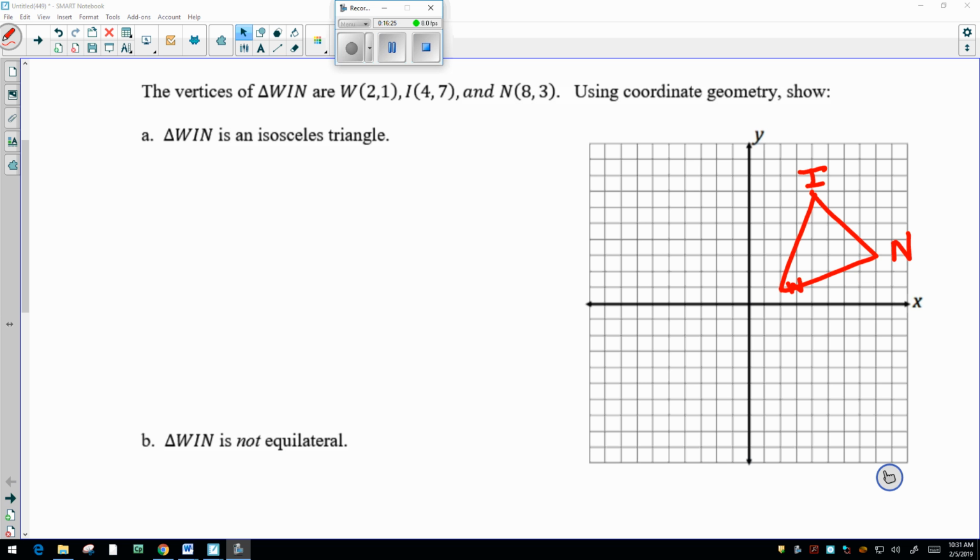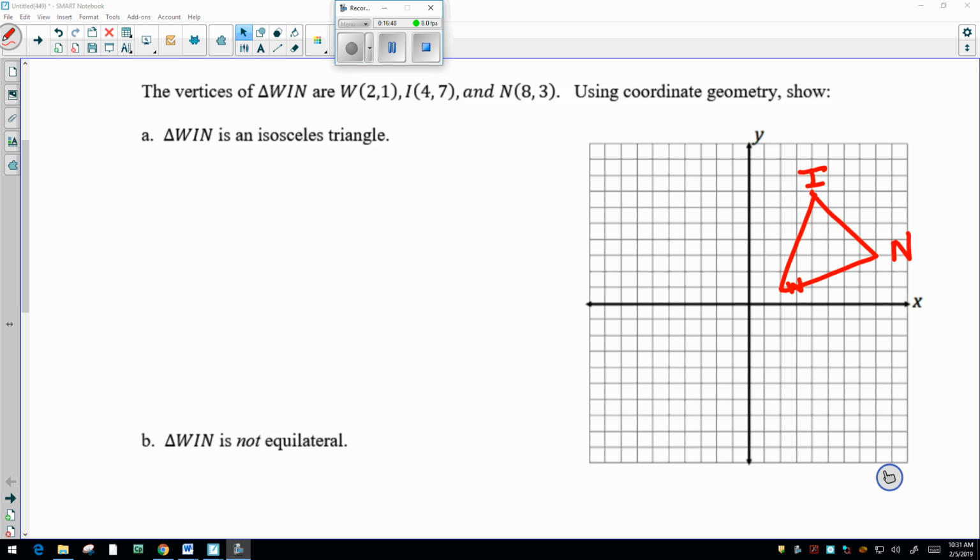So what it's saying to me is test the 3 sides. If it's isosceles, when you're done doing the distance, how many should be the same? 2. If it's equilateral, when you're done with the distance, how many should be the same? 3. So not bad.